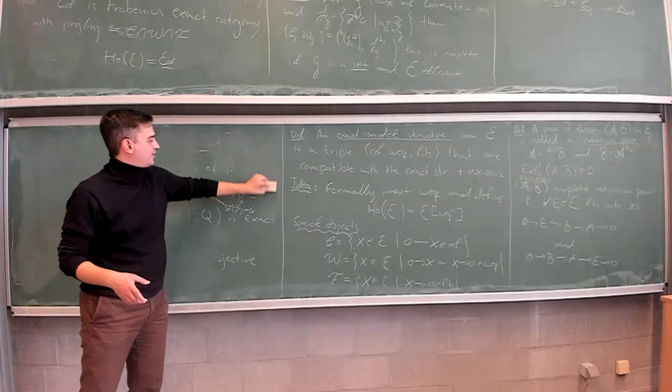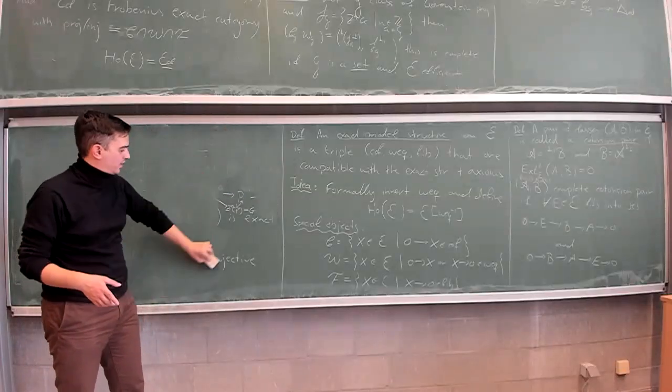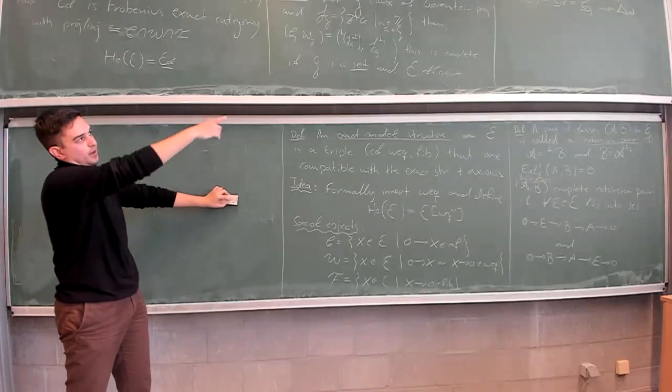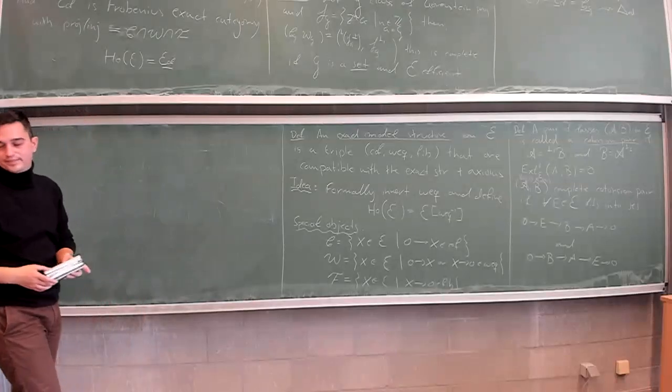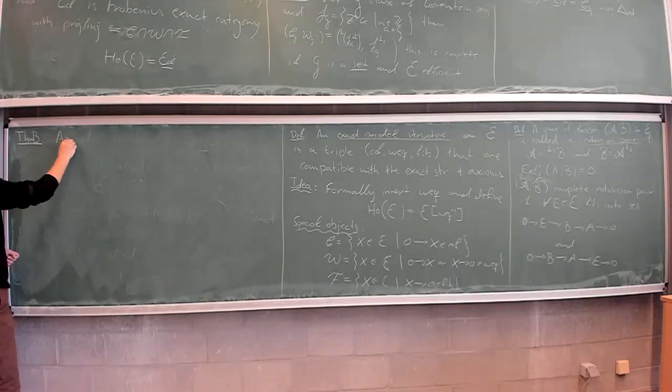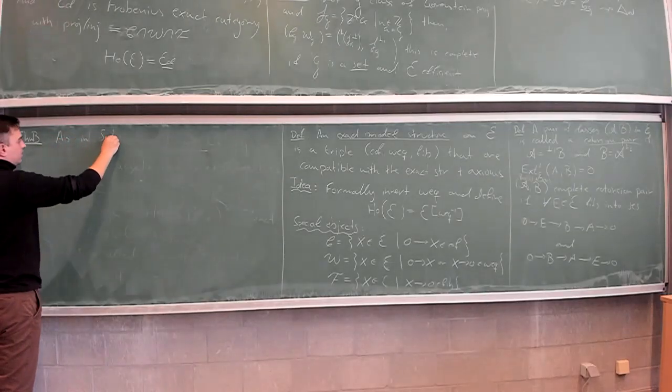So what happens if, like in complexes, I assume that they have two exact structures that give me something like this? Okay? So let's say, again, as in the setup.